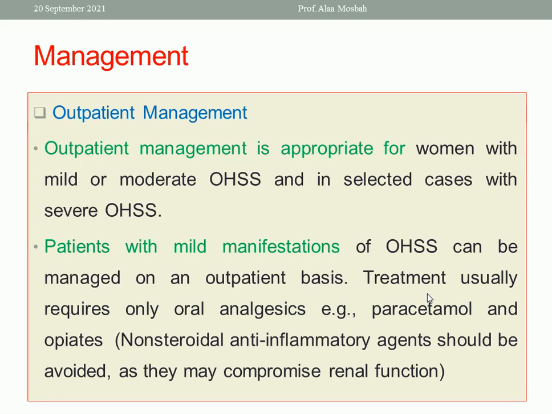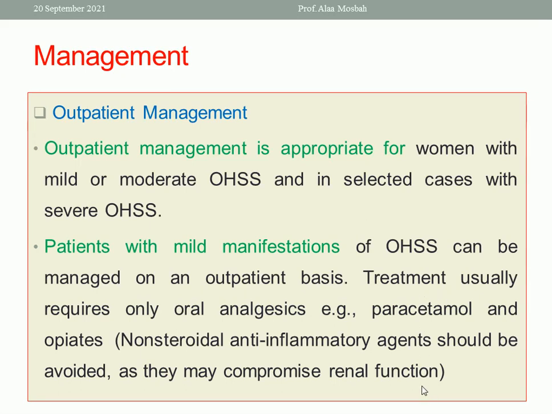What about the management? The management may be outpatient or hospitalized. Outpatient management is suitable for mild or moderate cases and rarely in selected cases with severe ovarian hyperstimulation syndrome.